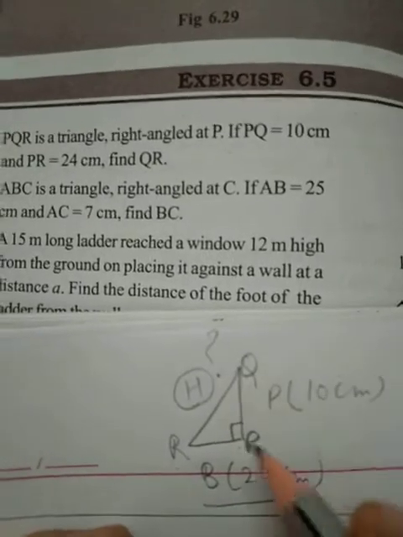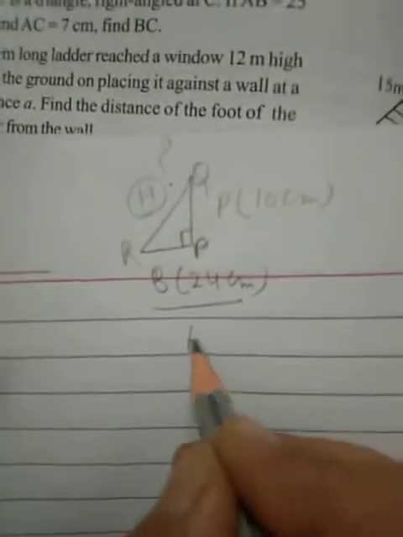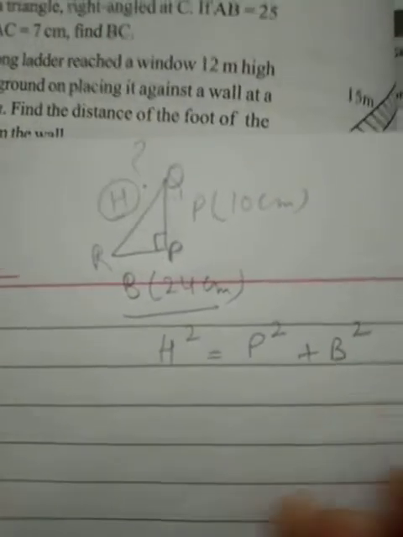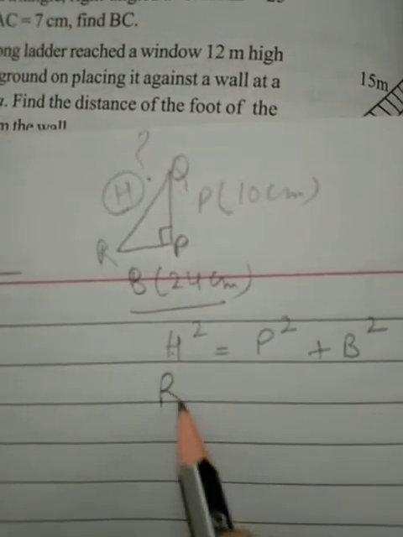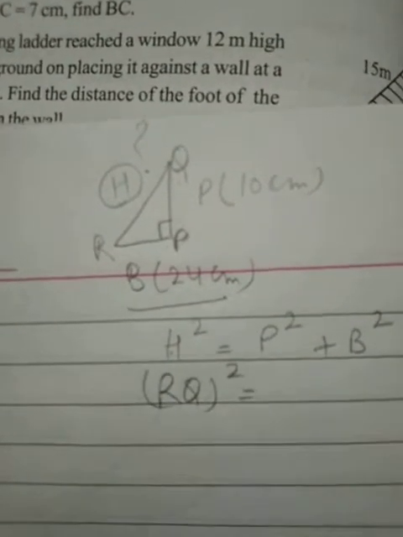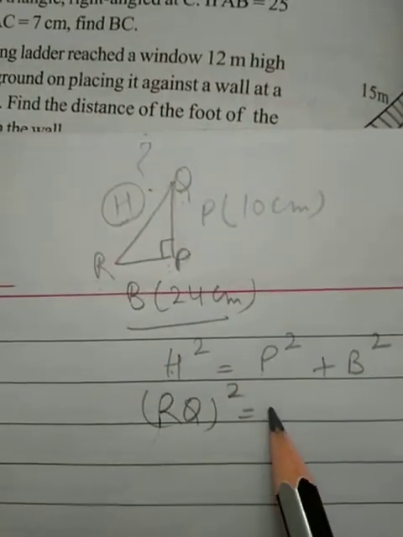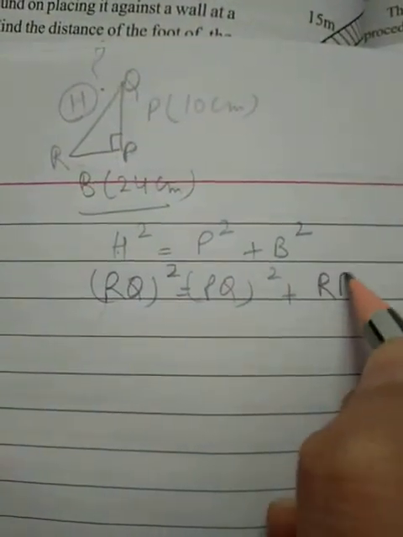Now you know very well this is a right angle triangle, so here you can apply the Pythagoras theorem. The Pythagoras theorem says hypotenuse square equals perpendicular square plus base square. Now what is the hypotenuse, that you have to find, and that is RQ. RQ square equals PQ square plus base square, that is RP, in side form I am saying.